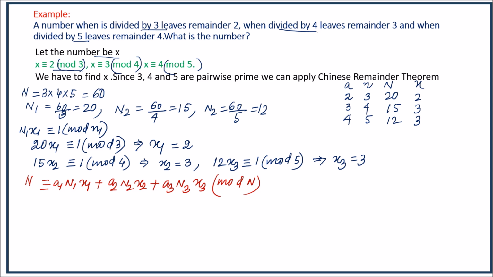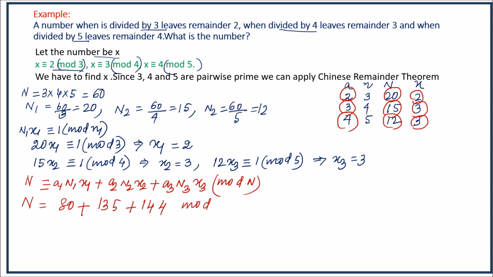Then the statement for the last: we will multiply and take the sum. So x is equal to 2 into 20 into 2, it gives you 80, plus 3 into 15 into 3, 135, plus 4 into 12 into 3, it will be 144, modulo n, and we have got n as 60.